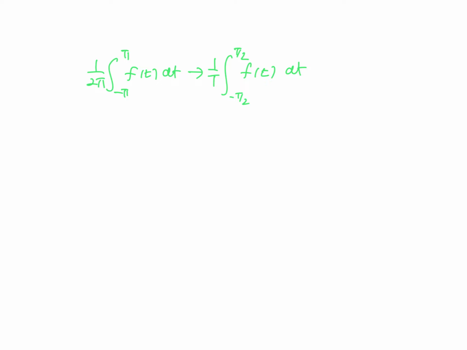So that means just replace 2 pi by T. So everything 2 pi, simply by T. Then it's the same.